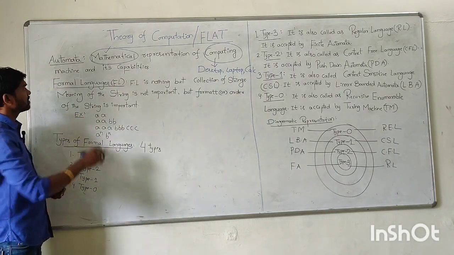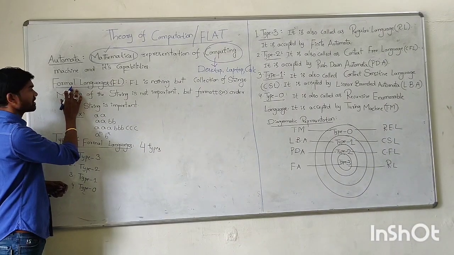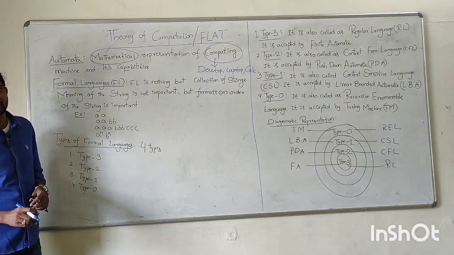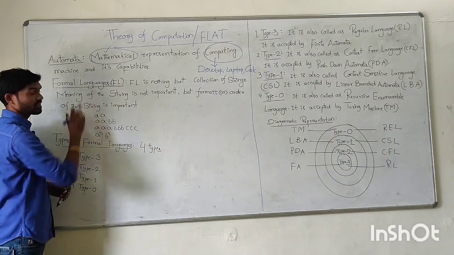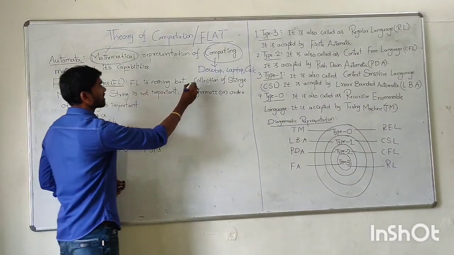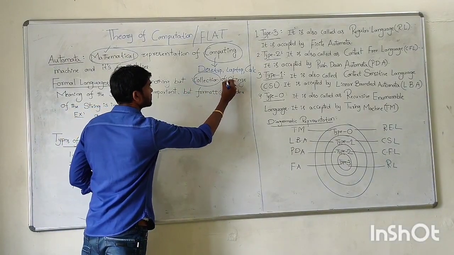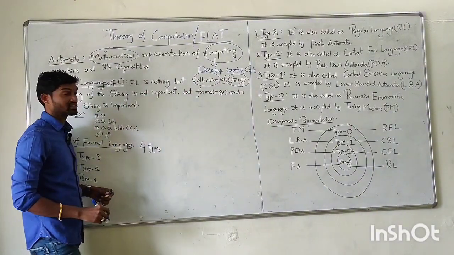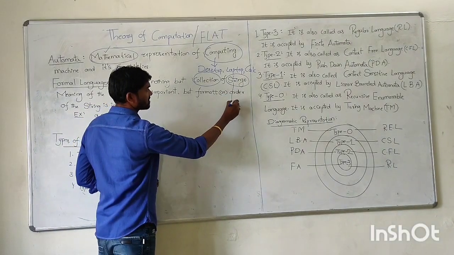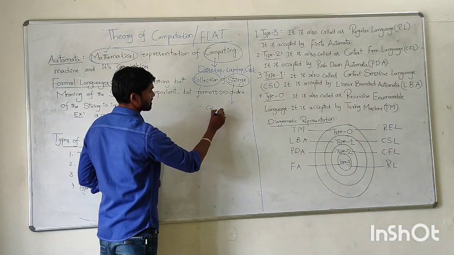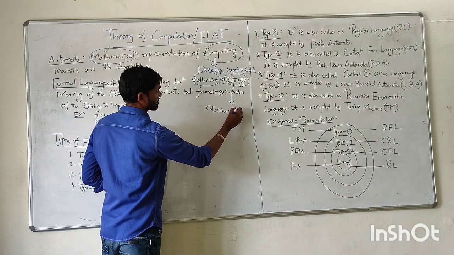Simple definition. Now coming to the second one, what are formal languages? Formal languages are nothing but some collection of strings. What is a string? We know that a string is some collection of characters.